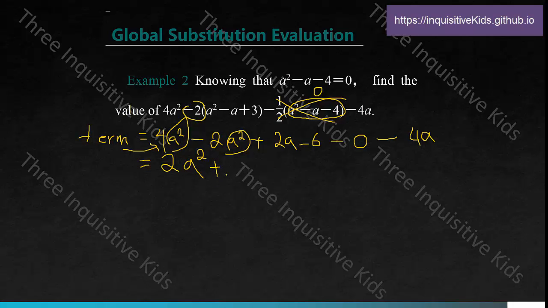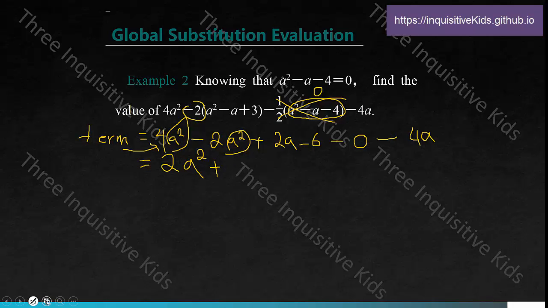And then we add a 2a minus 6 minus 0 minus 4a. Well, we can see here that again, the same variable part appeared. This is 2a and then negative 4a. Since we see that they have the exactly same variable part, a, we can combine them and that would be 2a minus 4a.